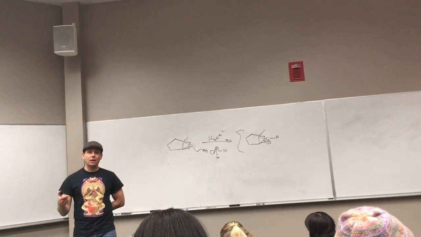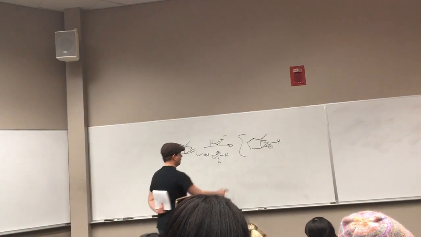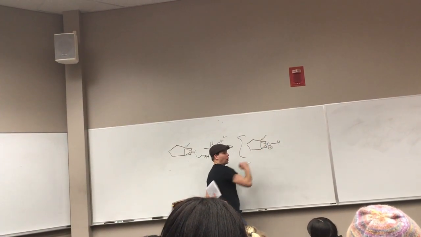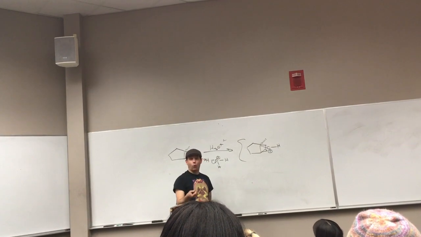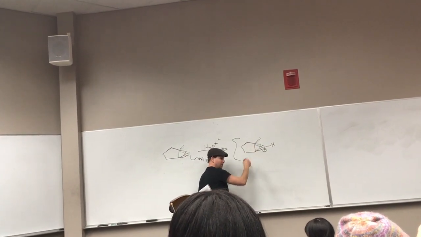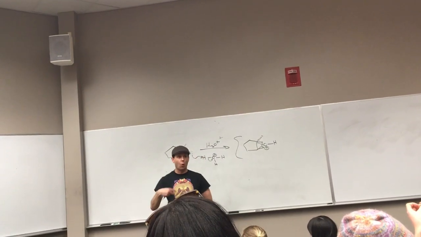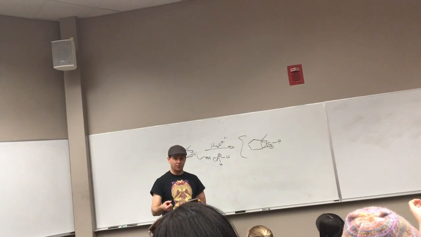Does everyone see the similarity here between this intermediate and a brominium ion? We have one atom connected to both carbons, and that atom has a formal positive charge on it. That positive charge is distributed to the two carbons connected to it. But the more substituted carbon will accept more partial charge than the less substituted.